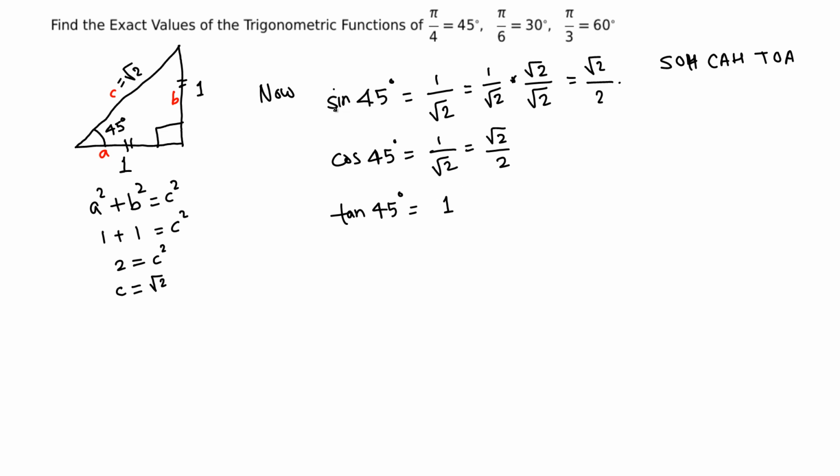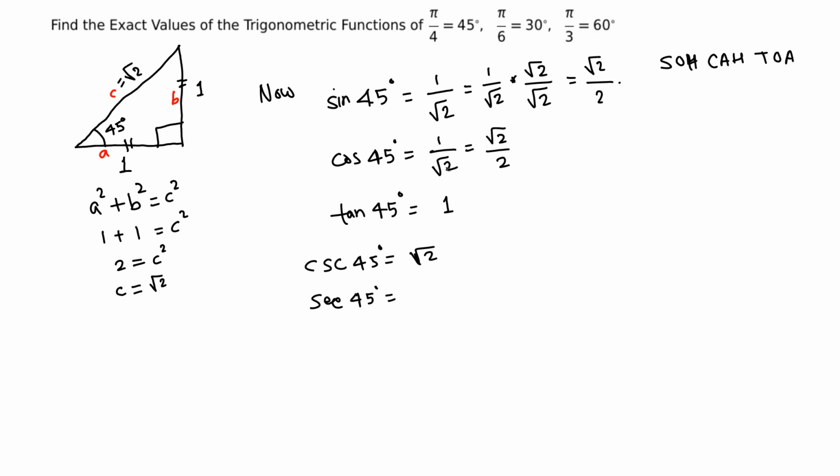And we can find the reciprocal of sine, which is cosecant of 45. We had 1 over root 2, and we can use this or this, doesn't matter. 1 over root 2, its reciprocal is root 2 over 1, so just root 2. Similarly for secant 45, secant is the reciprocal of cosine.